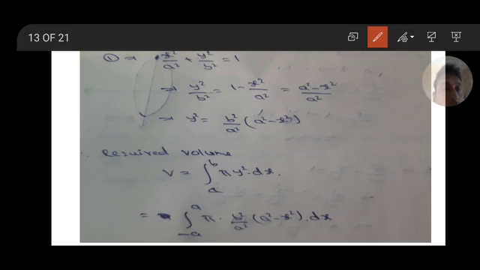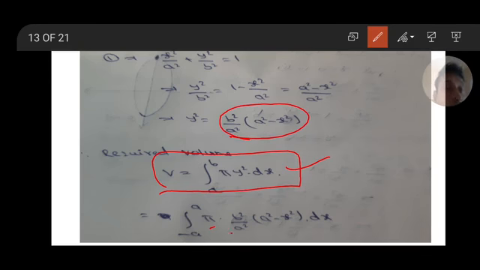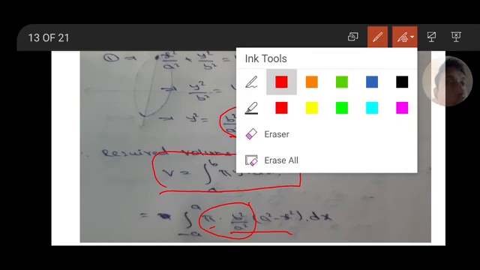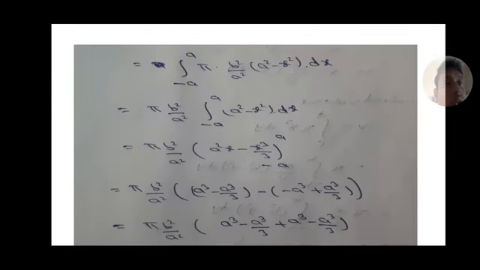So the required volume formula, integration a to b pi y square dx. So substitute in this integration, minus a to a pi into y square means this value, b square by a square into a square minus x square dx. This pi into b square by a square is constant outside, the remaining we have to integrate.